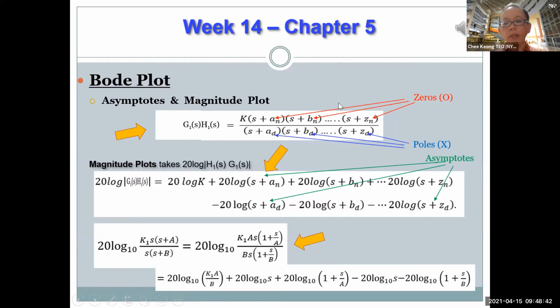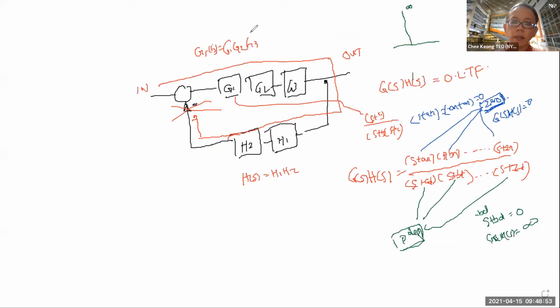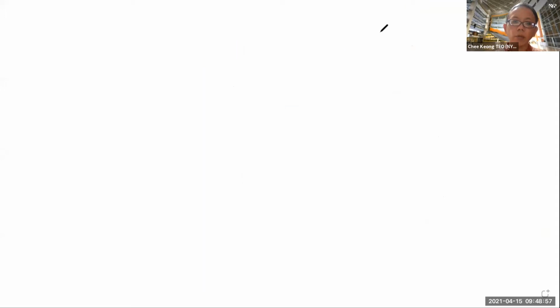Now, people ask me, why do you use 20 log? Why not 10 log? There is a reason behind why 20 log is used instead of 10 log. So maybe I should clear this and explain. You guys are triple E students, right?